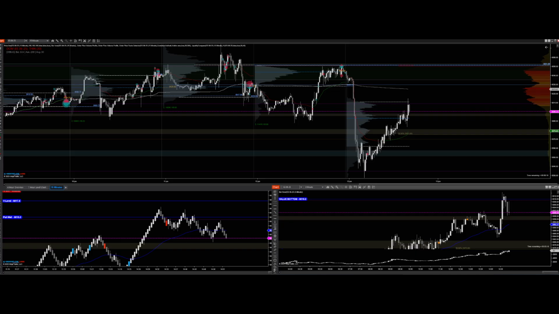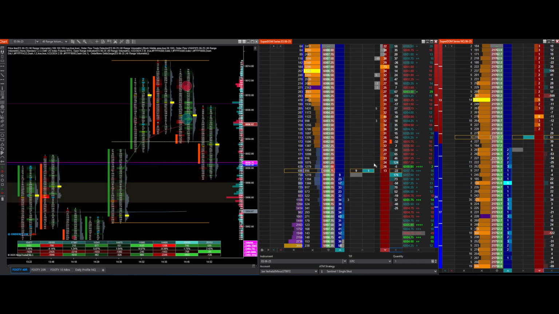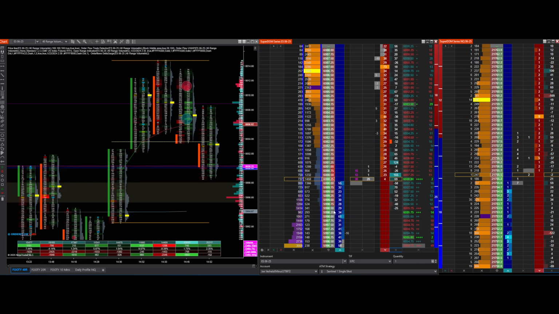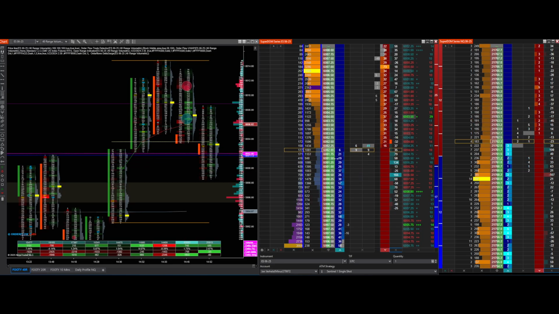I don't know if any of you guys trade DOM, depth of market, or only technicals. I will show you for a second what I'm looking at. So right here, we only see like 20, 25, 30, 20, 30, 30, 29, 32 contracts being offered at each price level.